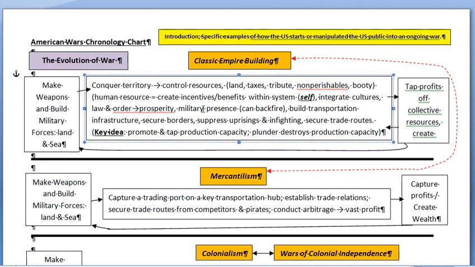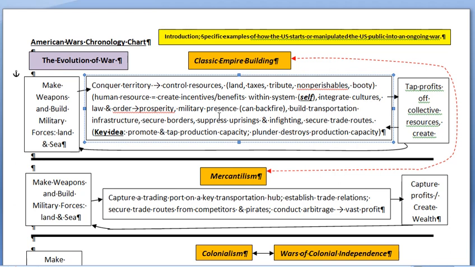Oftentimes they would establish a military presence, but military presence can backfire in inspiring insurgencies. You want to build transportation infrastructures. Of course, you want to secure borders. You want to suppress uprisings within the people, and you want to suppress infighting between them. That goes to part of the law and order prosperity.